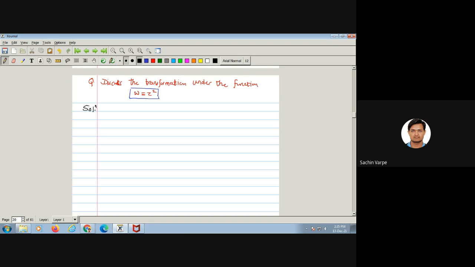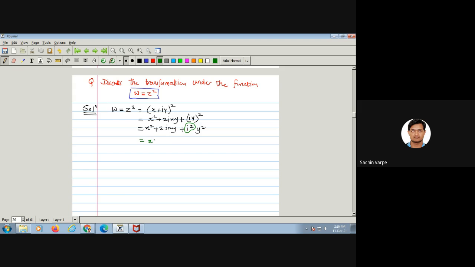So, solution. Let us start with the transformation w is equal to z square that we have been given. Let us first of all separate its real and imaginary parts. As we all know, z is equal to x plus iy, and when we expand this, what will we get? x square plus 2ixy plus iy the whole square, right? That is x square plus 2ixy plus i square y square. But what is i square? This i square is minus 1.